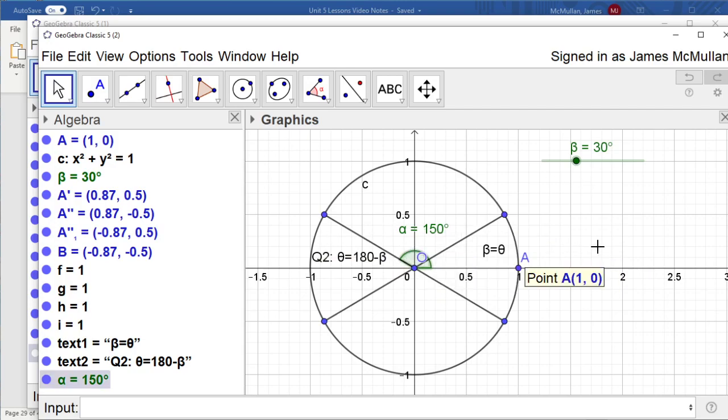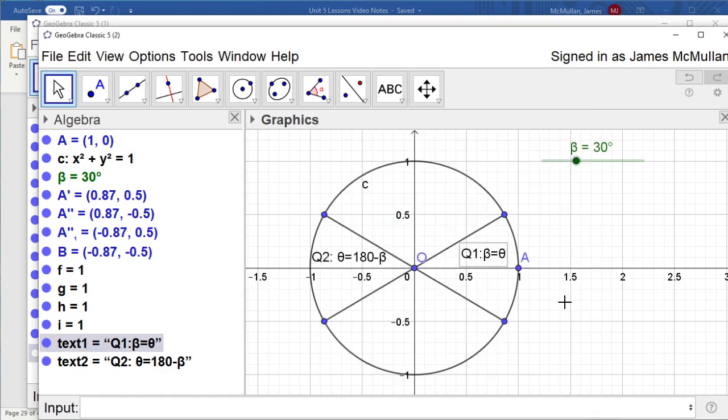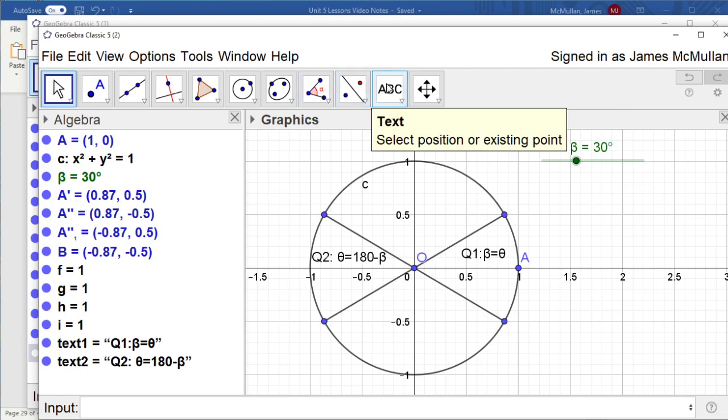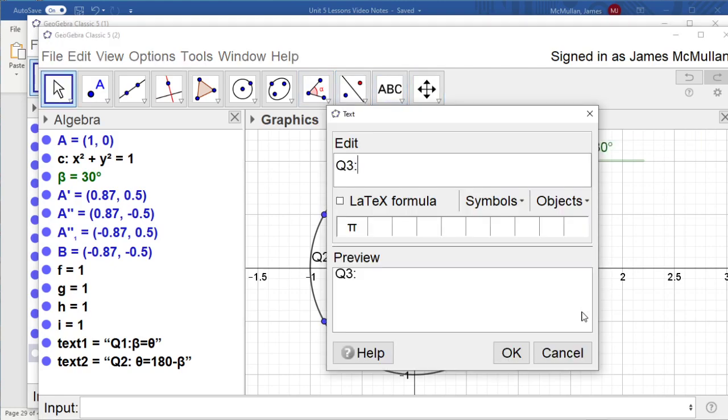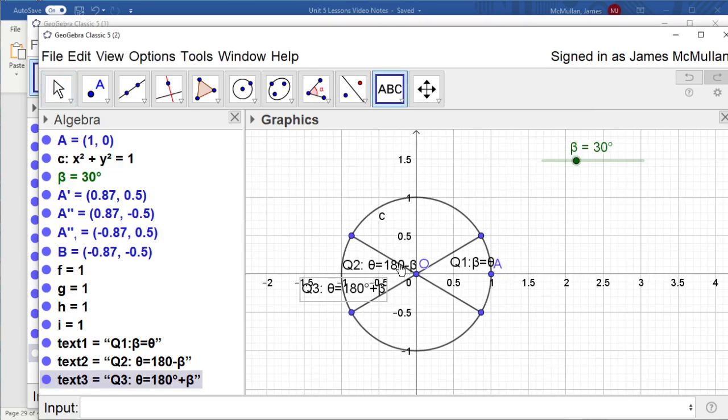So again, let's hide this, and let's rename this one too. So in quadrant 1, it's obviously the easiest. In quadrant 1, your calculator just tells you the answer. In quadrant 2, your calculator will tell you how to get the answer, but it may not be able to tell you directly. In quadrant 3, your theta is equal to 180 plus beta. Quadrant 3. I'm just going to zoom this out a bit.